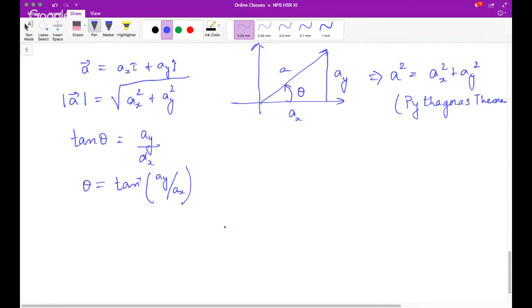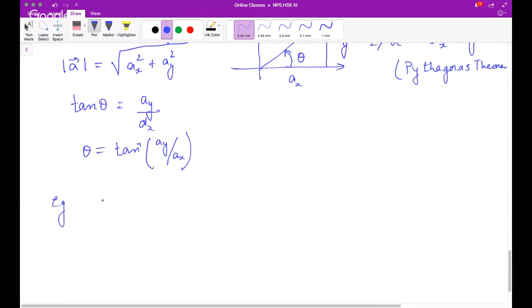Let's take an example. Let's say we have vector A as 3i plus 4j. So the magnitude of A will be the square root of ax squared, which is 3 squared, plus ay squared, which is 4 squared. Hence it is the square root of 25, which is 5.